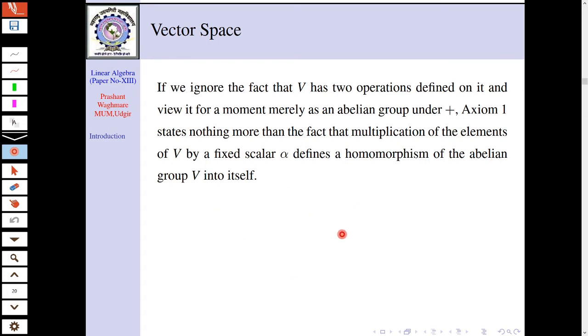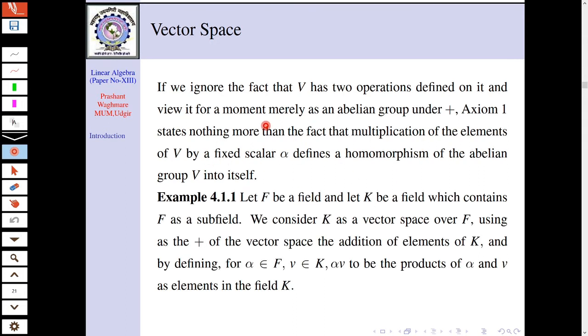Alpha from V to V is nothing but V goes to alpha into V. That is the homomorphism that they are saying here.